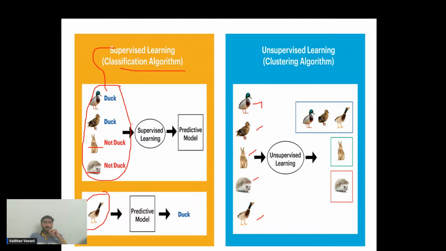In the previous case, I am writing it here: duck, duck, not duck, not duck. These labels are provided. That's why it is supervised. When I'm not providing the labels here, it becomes unsupervised. And because of that, we cannot use a classification algorithm.